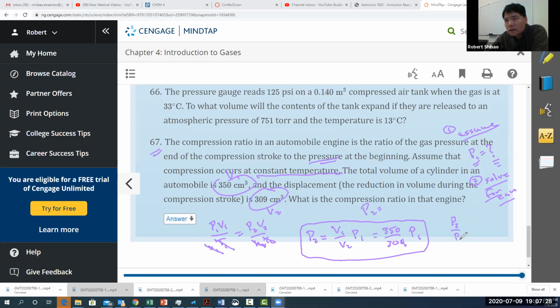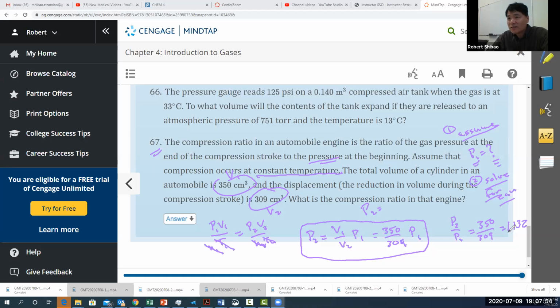The pressure fraction is equal to 350 over 309. Okay, and so, what is 350 divided by 309? 350 divided by 309 is equal to 1.132.